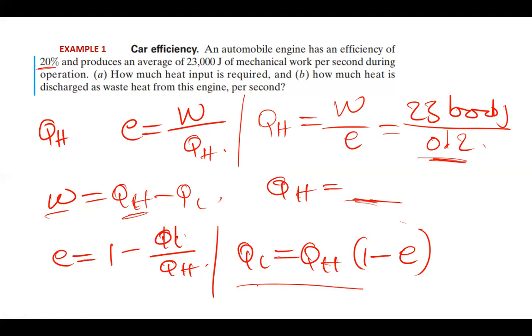You can use either this one or this one, you still get the same answer. You just make QL the subject of the formula because they are looking for the heat that has been discharged as waste heat, which is just QL.